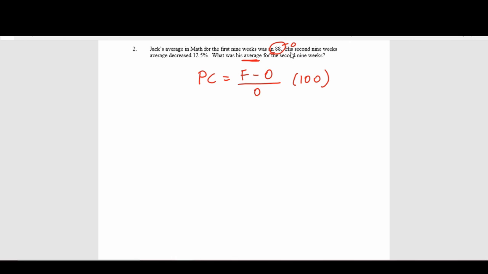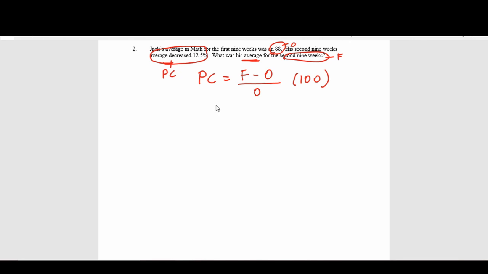His second 9 weeks decreased by 12.5%. So that's the percent change right here. This is our PC. And we want to find out what his average for the second 9 weeks was. So that's going to be our F. So instead of solving for percent change, we're actually solving for F in this case.